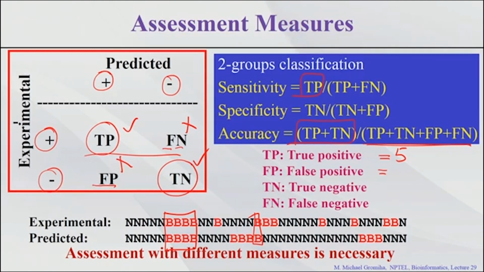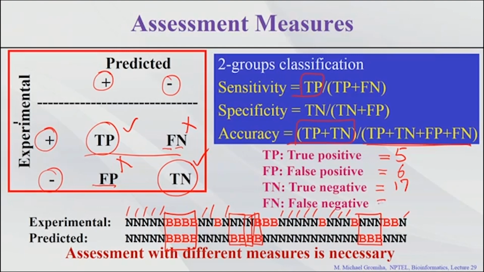Predicted as plus but actually negative: 3. True negatives: 1, 2, 3, 4, 5, 6, 7, 8, 9, 10, 11, 12, 13, 14, 15, 16, 17.